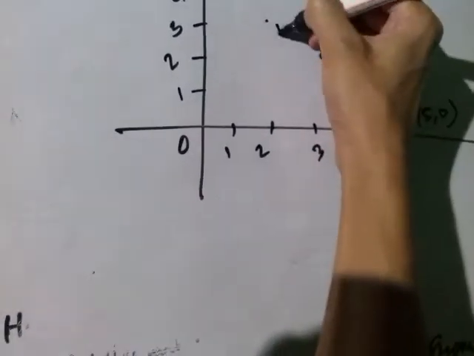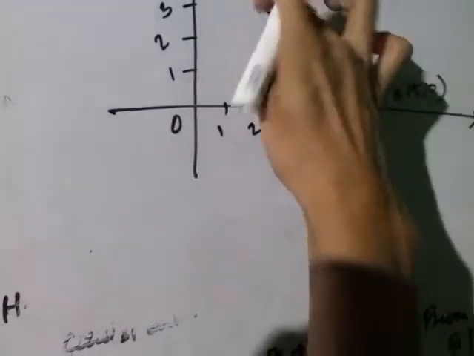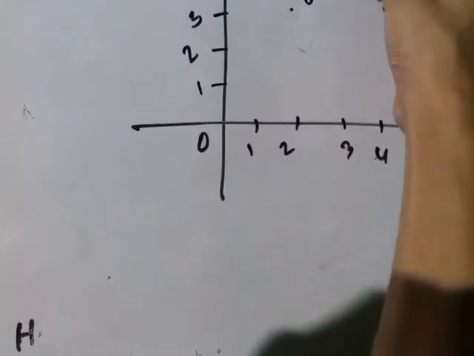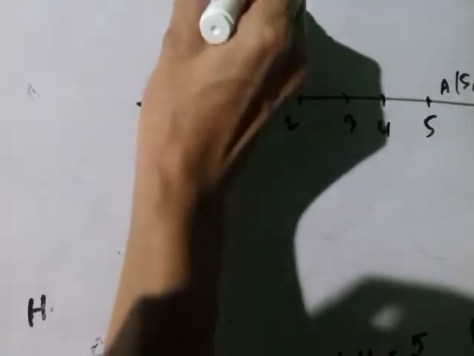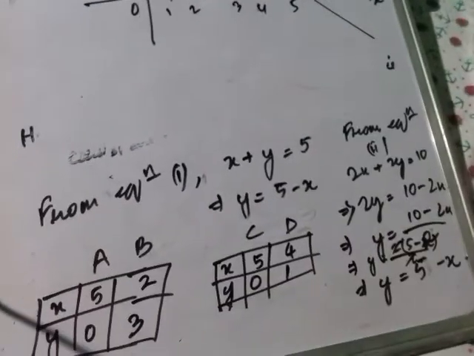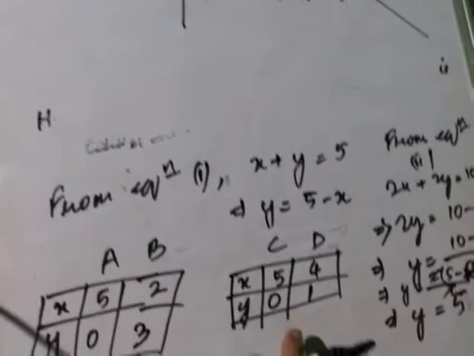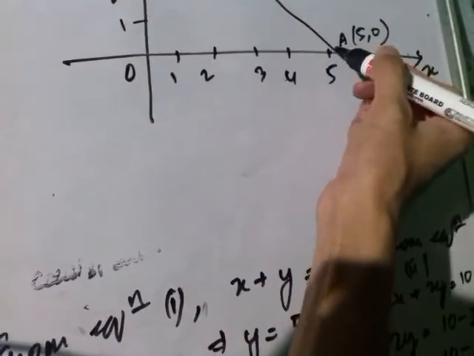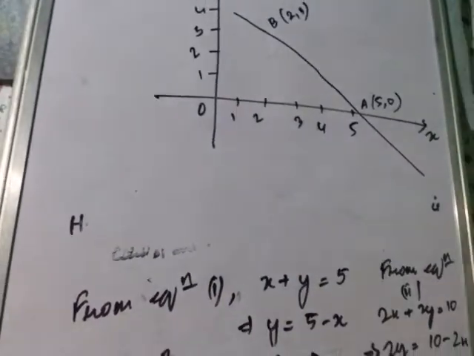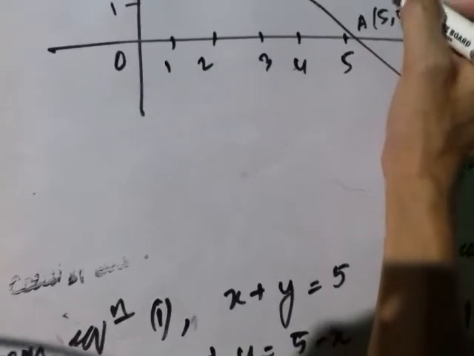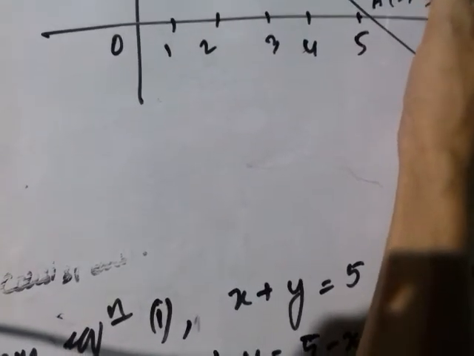Suppose we put here b (2, 3). Okay, so these two will be joined. Understand? Like this. After that, if x is 5, y will be 0. Same, na? Here it will be the same. Okay, these two, c (5, 0).